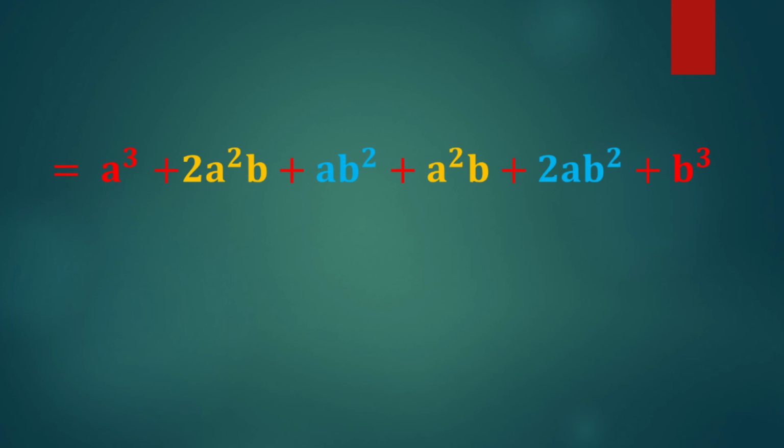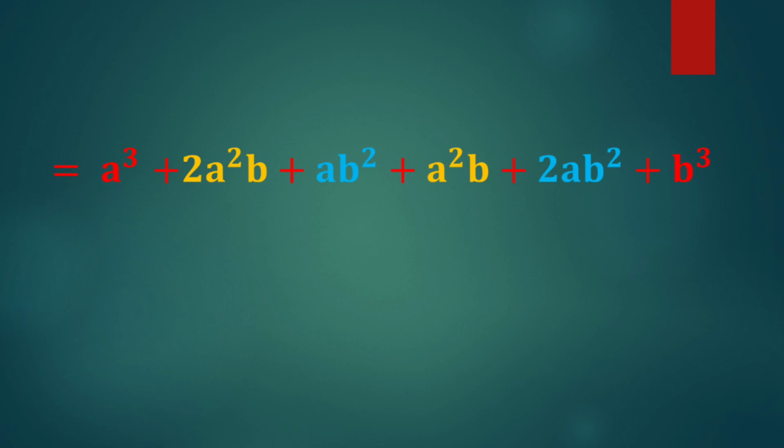Now you can see here that the 2 yellow terms are like terms and the 2 blue terms are like terms. We can add these terms. The 2 yellow terms are 2a square b and a square b. They will be added, so 2 plus 1 will be 3a square b.